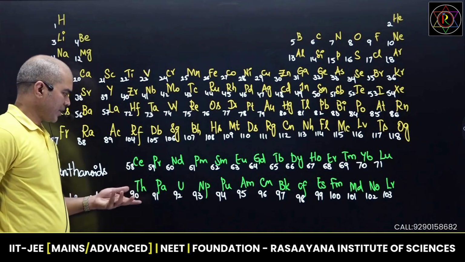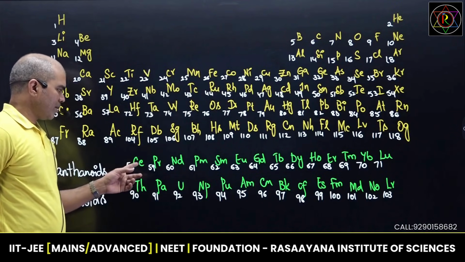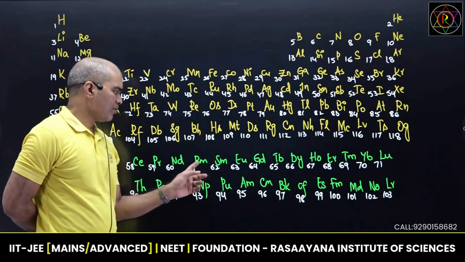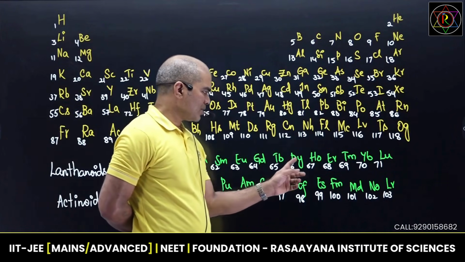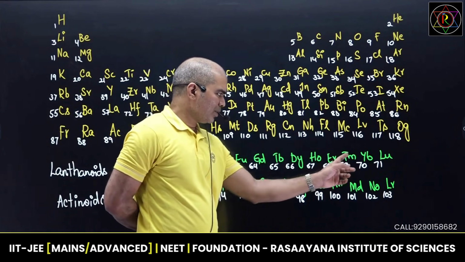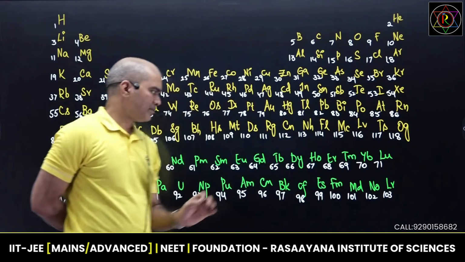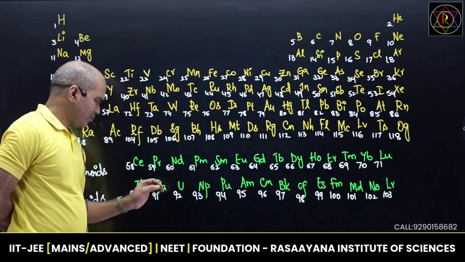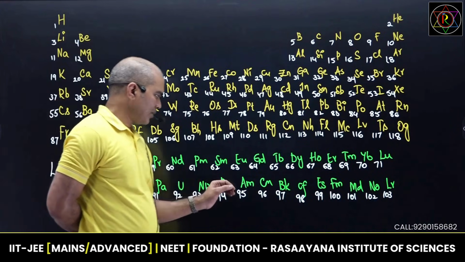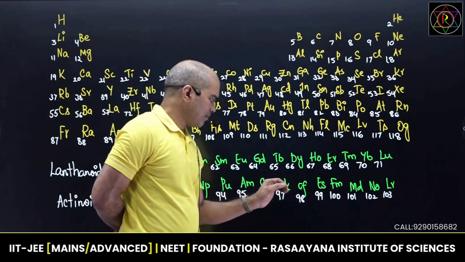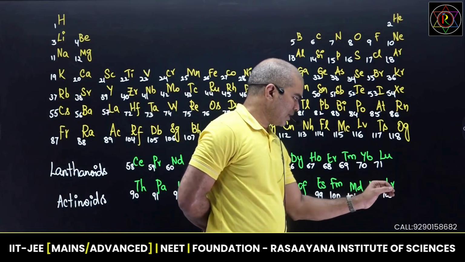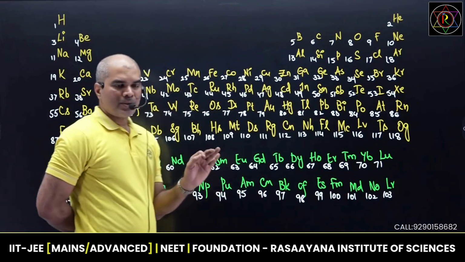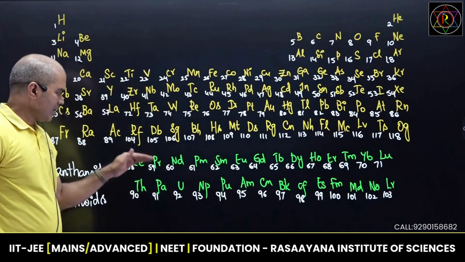Starting from cerium, praseodymium, neodymium, promethium, samarium, europium, gadolinium, terbium, dysprosium, holmium, erbium, thulium, ytterbium and lutetium; thorium, protactinium, uranium, neptunium, plutonium, americium, curium, berkelium, californium, einsteinium, fermium, mendelevium, nobelium and lawrencium. So these are the elements belonging to the F block.